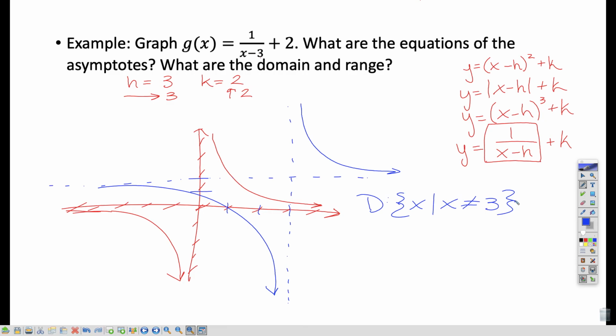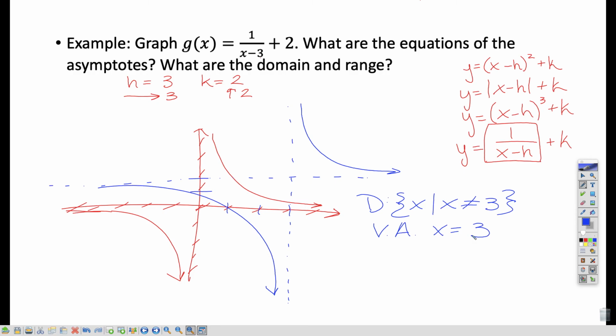So if I just set the denominator equal to 0 every time, would it tell me my domain and my vertical asymptote? Yes. Okay, so what is my vertical asymptote? X equals 3. Sorry, I did misspeak, because you can grab all of your vertical asymptotes out of your domain, but not all of your domain all the time will be vertical asymptotes.